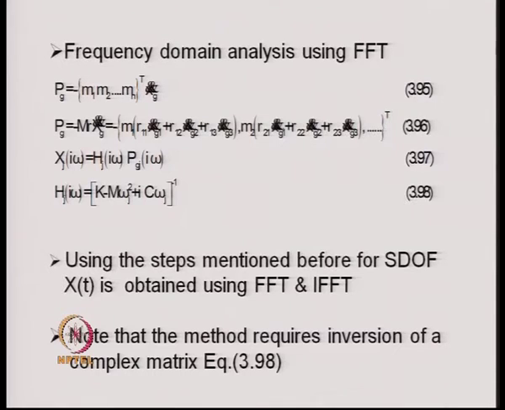Equation 3.97 gives the necessary equation to find out the frequency content of the displacement vector x(i omega), and that is equal to H(i omega) multiplied by P g(i omega), where P g is given by either equation 3.95 or equation 3.96, depending upon whether the load vector is defined for a single point excitation or a multi-point excitation.